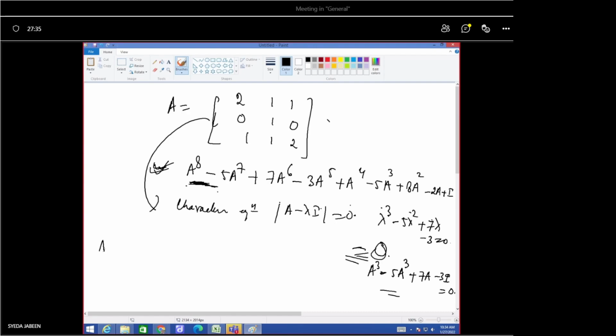So this you can write it as A to the power 5. If you want, you can write it as A cube minus 5A square plus 7A minus 3I. So this is matching A cube. Minus 5A square. This is also matching. Now this is 7A. This is also matching. So this part is okay.